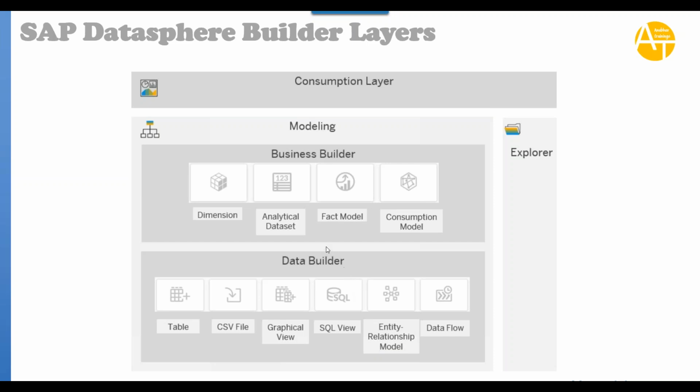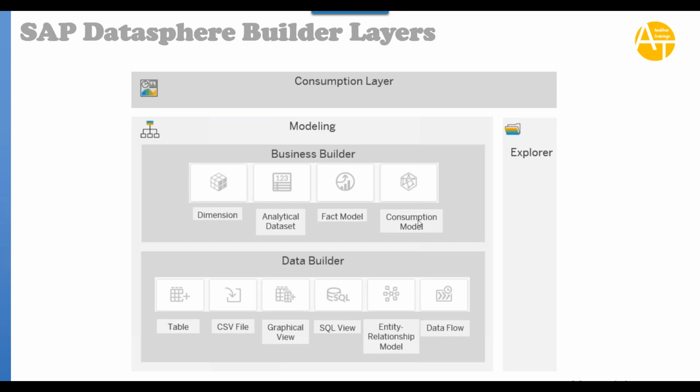Whereas the business layer is an area where we focus more on a semantic approach for building your business models, like creating dimensions, analytic data sets, fact models, and consumption models, which are used for different use cases, for example reporting, transactional application, analytical application, KPI analysis.